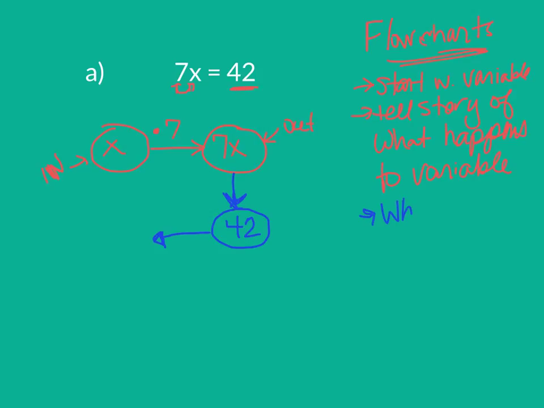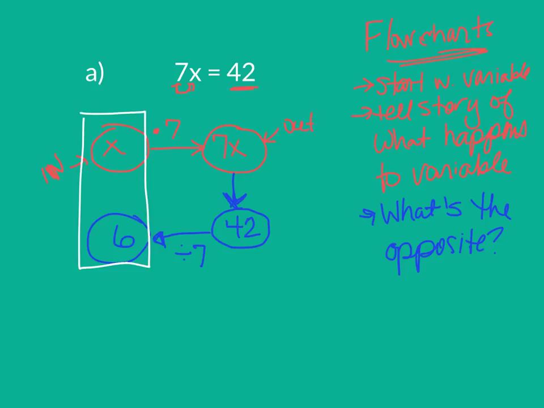It's always the same, whether I'm using a flow chart or whether I'm solving an equation the traditional way. And that question is, what's the opposite? Well, what's the opposite of multiply by 7? Of course, the opposite of that is to divide by 7. So 42 divided by 7, of course, is 6. And that tells me that x is equal to 6. So therefore, that is my answer.